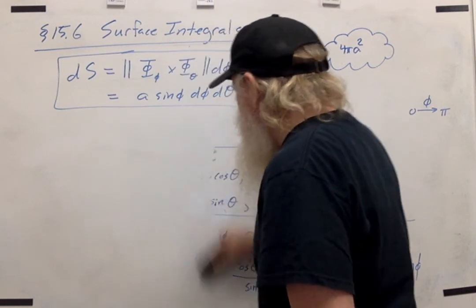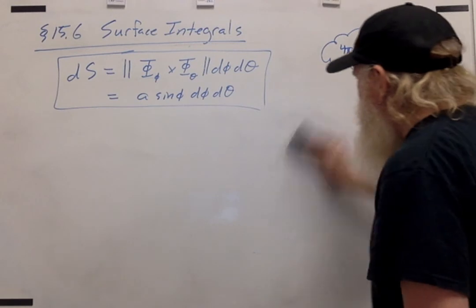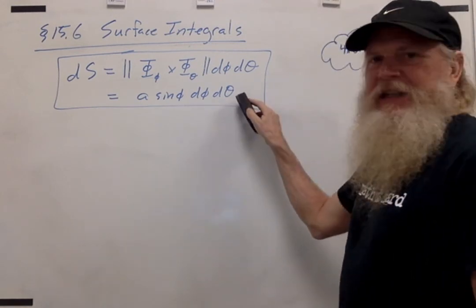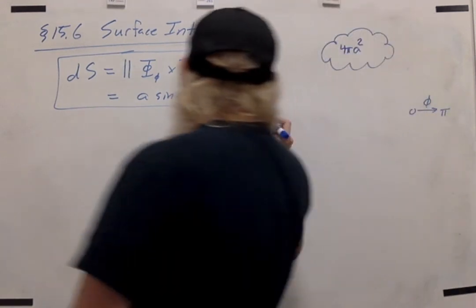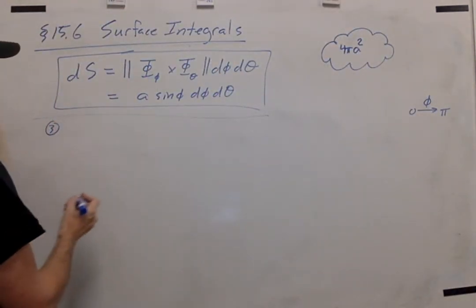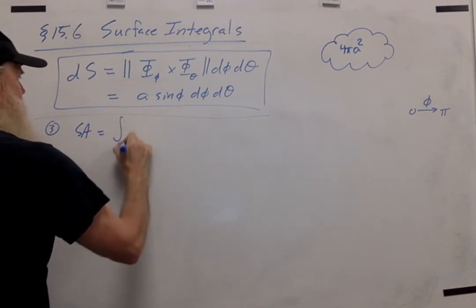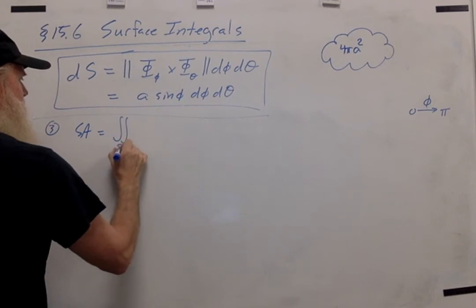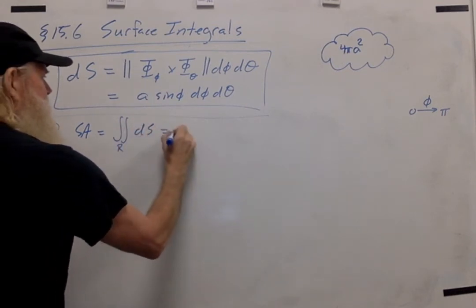So that's the end of step 2. A lot of work, but if you're integrating over spheres a lot, you just want to memorize this answer so that you don't have to go through that step 2 over and over. The last step is actually pretty quick. The last step is just to plug into the integral formula, which says that the surface area is the integral over r of ds.